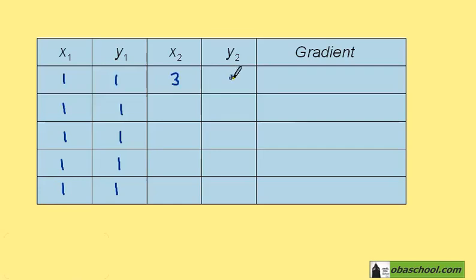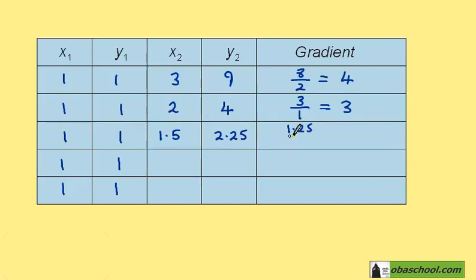We've already tried the point 3, 9, and this gave us a gradient of 8 divided by 2, which was 4, and we also tried the point 2, 4, and this gave us a gradient 4 take away 1 is 3, over 2 take away 1 is 1, which was 3.